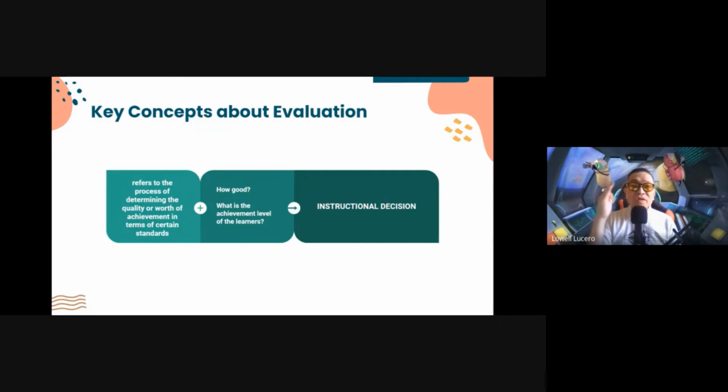So my instructional decision then is to proceed to the next lesson kasi na-meet yung target. Okay? I have only 10 who were not able to get the cutoff score. So later on, we'll be talking about this 10. Ano ba gagawin natin sa 10 ito? But definitely, my instructional decision is to proceed to the next lesson because nakuha ko yung target.